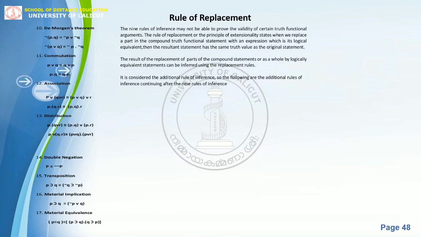That is, there are rules of replacement like De Morgan's theorem, in which we can replace negation (P conjunction Q) with negation P or negation Q. Similarly, we can replace negation (P or Q) with negation P conjunction negation Q. Similarly, there are other rules of replacement like commutation, association, distribution, double negation, transposition, material implication, material equivalence.